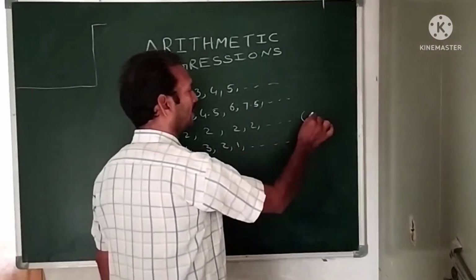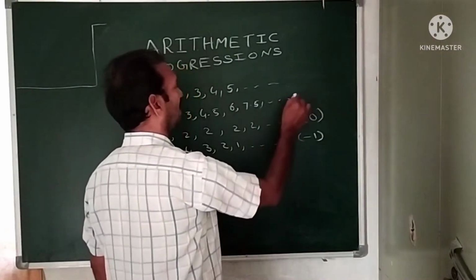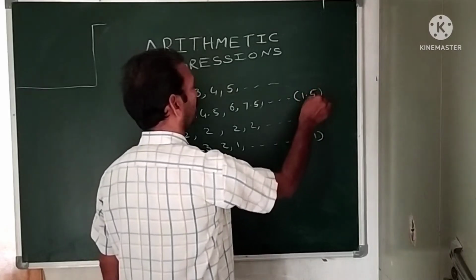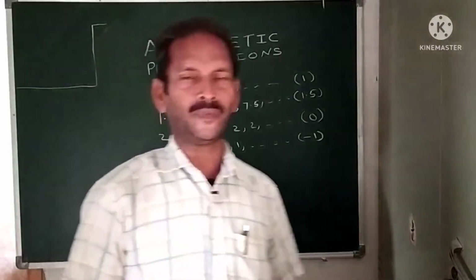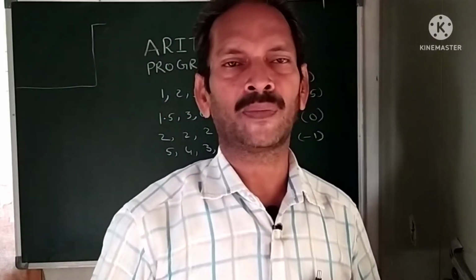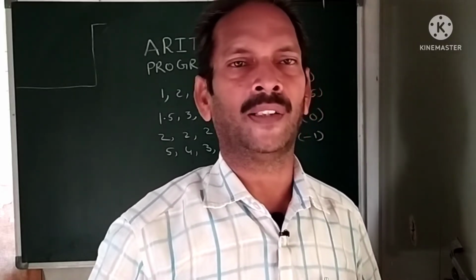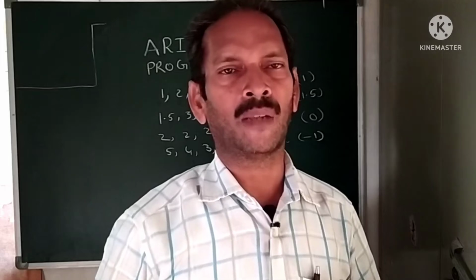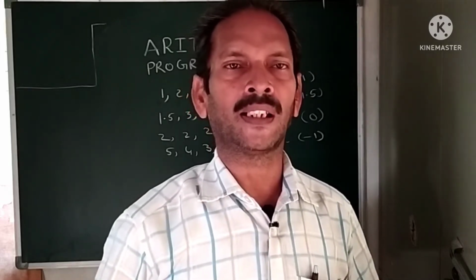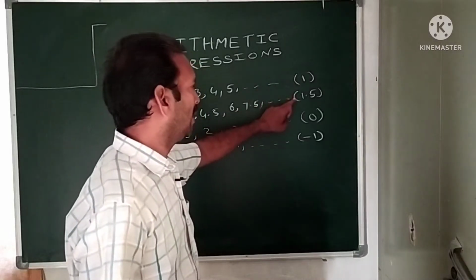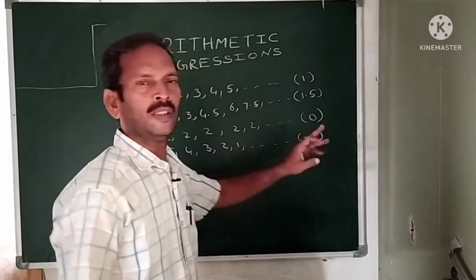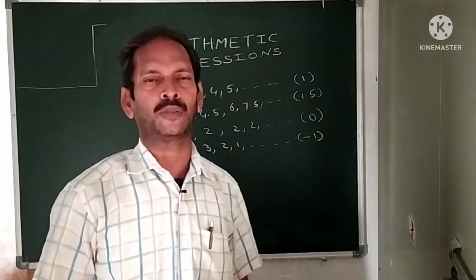Here we are adding 0, here 1.5, here 1. The common difference means: to get the required term, add a fixed number to its preceding one. That fixed number is called the common difference, denoted by d. The d can be an integer, a decimal, 0, or negative; it does not matter. It can be any number.